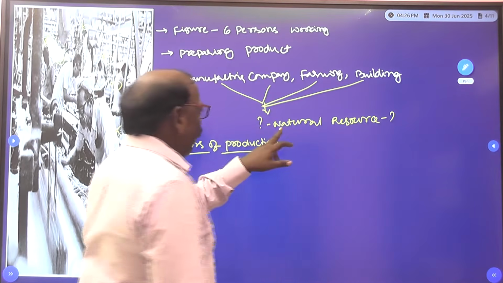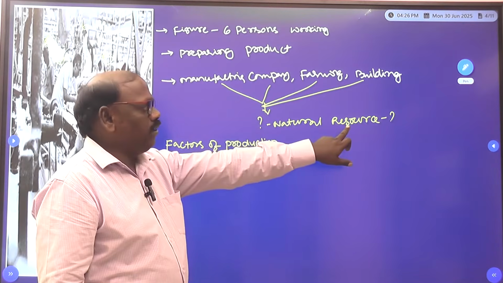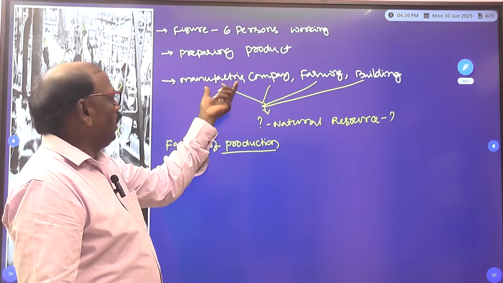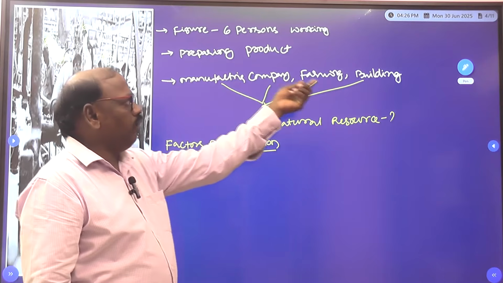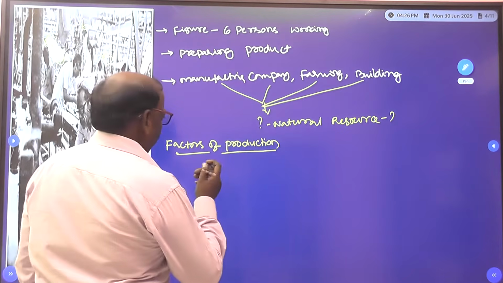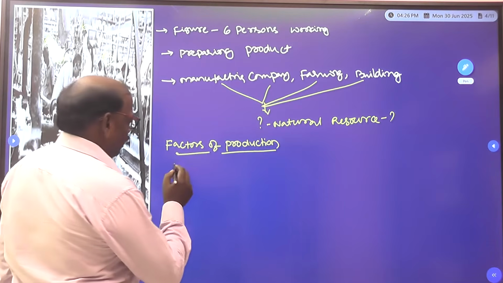Now I asked you, what is the natural resource on top of which we are going to maintain one manufacturing company, farming or building, whatever. For that purpose, the factors of production came into the picture.